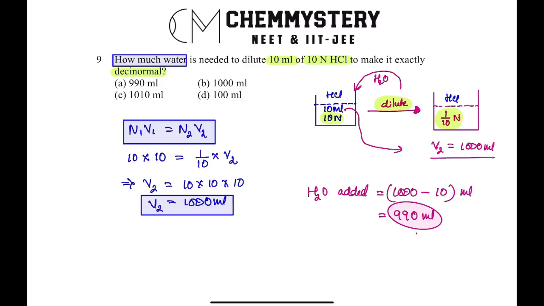So my answer is 990 ml, which is option A. Option A will be the answer for 9.